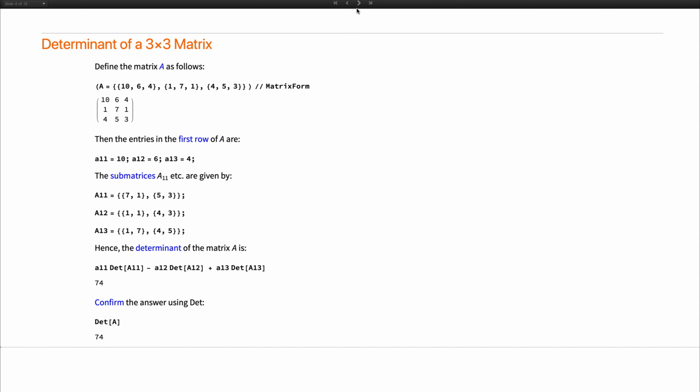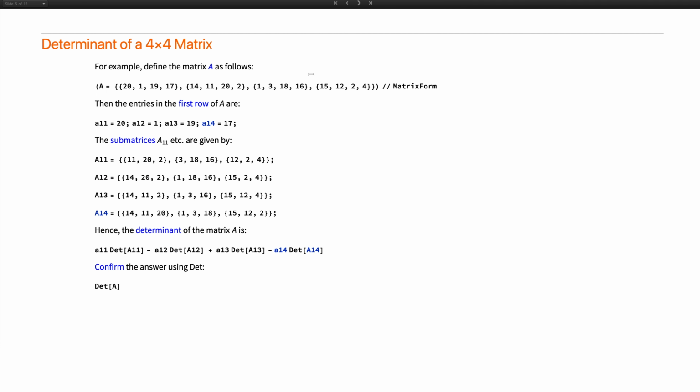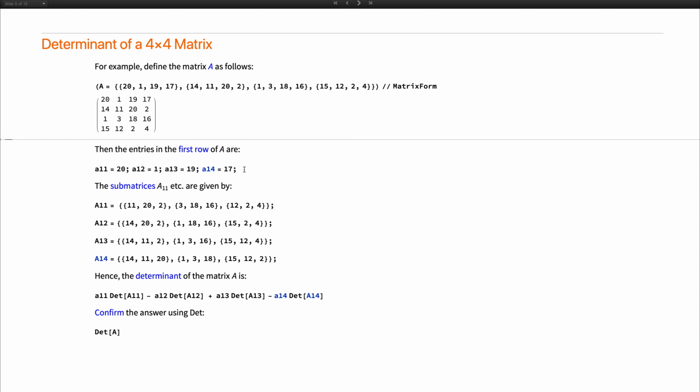Now, let's take a slightly larger example with a 4 by 4 matrix. Now you have 4 elements in the first row. They are 20, 1, 19, and 17. You can work out the corresponding submatrices. The first submatrix, A11, for example, is going to be 11, 22, 3, 18, 16, 12, 2, 4. Then you can work out the remaining 3 as well.